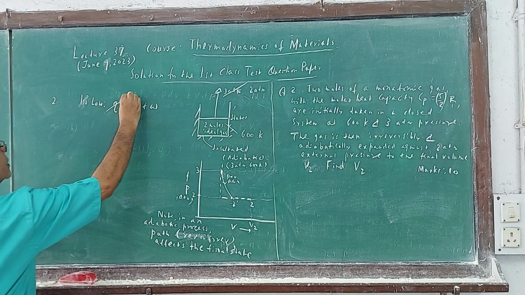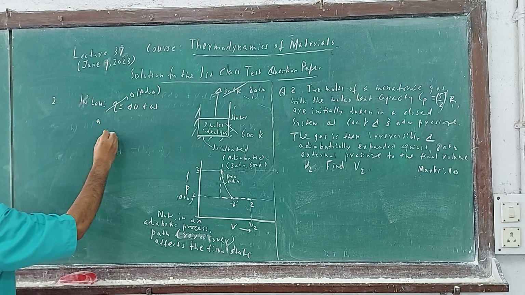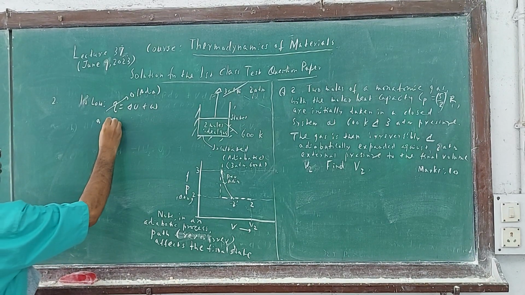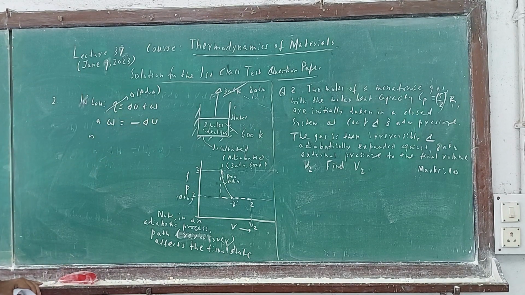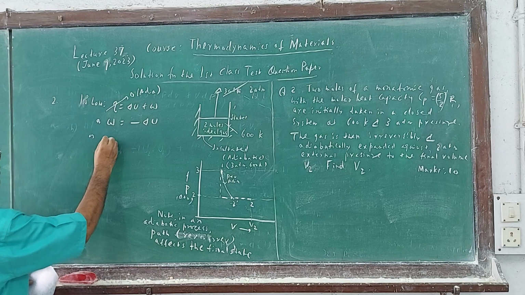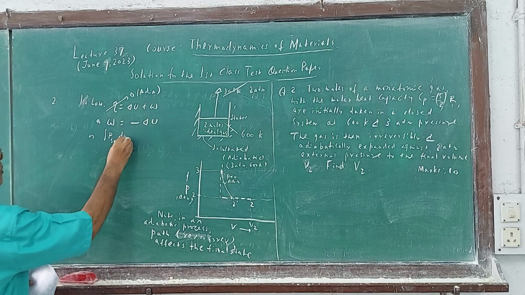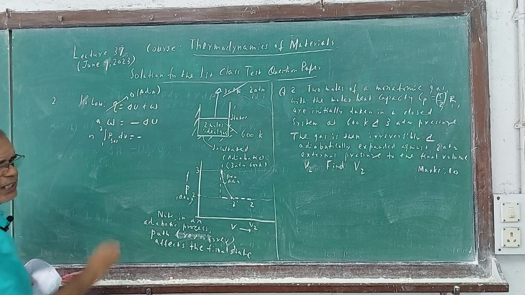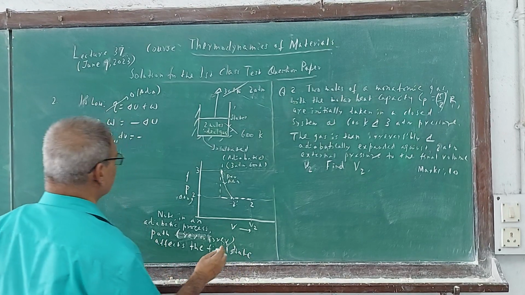Q is 0 for adiabatic, so W is minus delta U. Remember, this W is P external dV, integrated from state 1 to state 2, with V2 and temperature T2 at state 2.